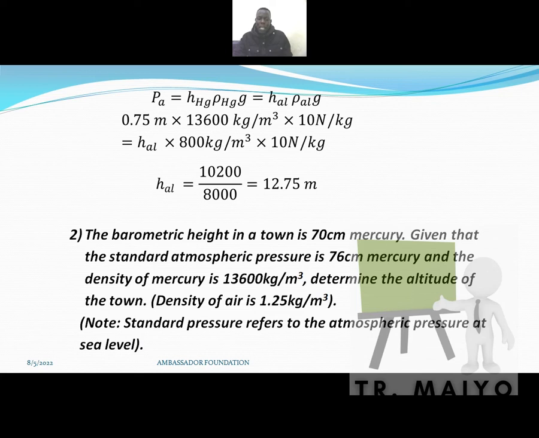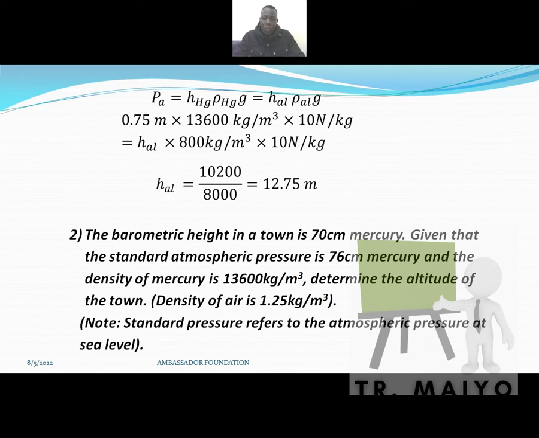So there is not much to talk about. Now listen to me here very well. Let me narrate to you a story about this question. A mercury barometer was used in two places, at sea level, then at the highland. I still remember my geography teacher telling me that altitude is the height above sea level. Now you are being asked about altitude.